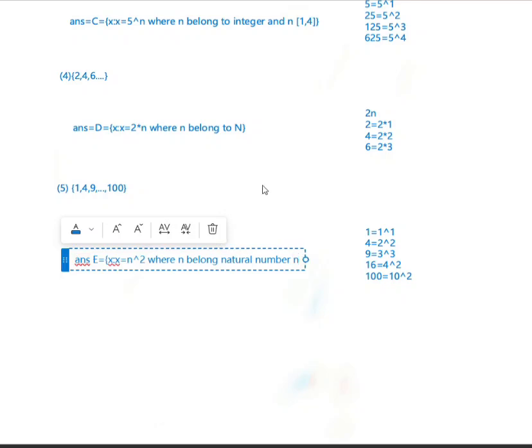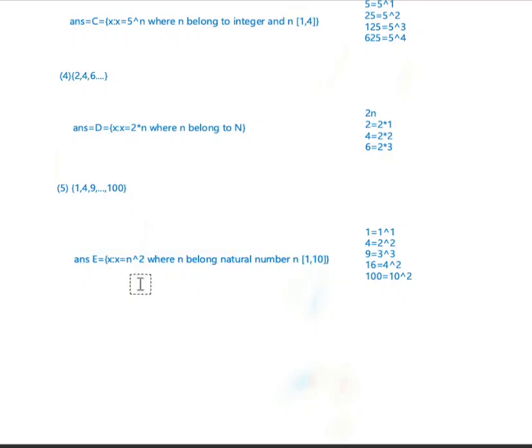So this is the range of n. This pattern is the square of the number. So 1 is the square of 1, 4 is the square of 2, 9 is the square of 3, and 100 is the square of 10. So in this way we have solved this question.